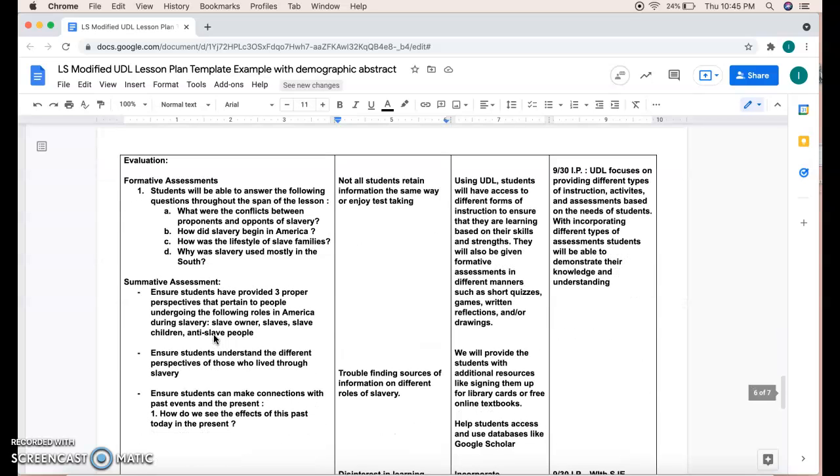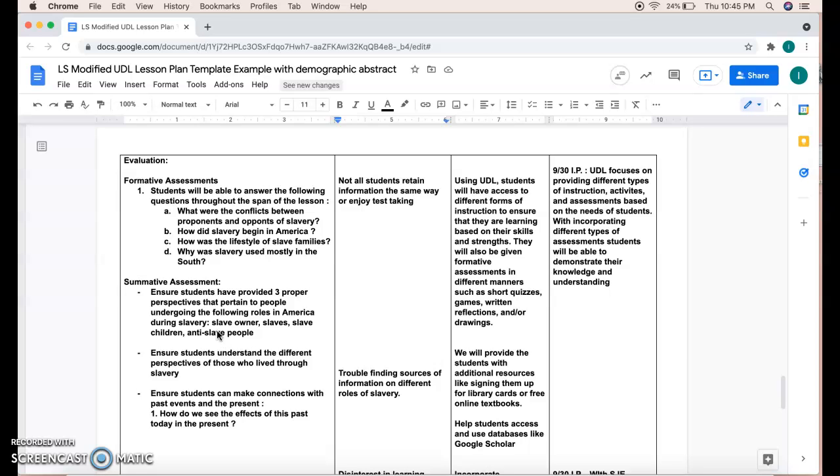Our evaluation consists of formative assessments, where students will be able to answer questions within the span of the lesson. One of the barriers was that not all students retain information the same way or enjoy taking tests. So we will be using UDL to provide students with different types of formative assessments that pertain to their intelligence scale.